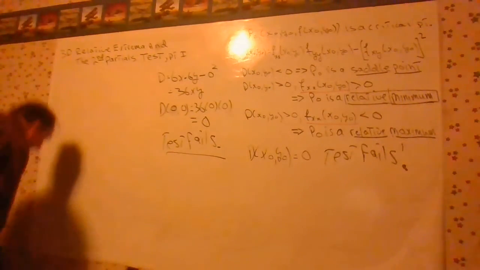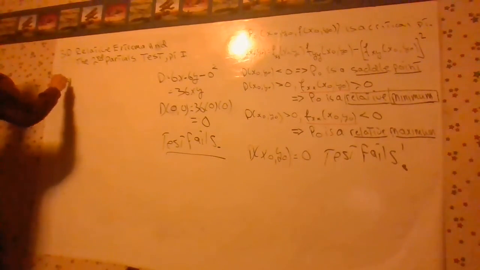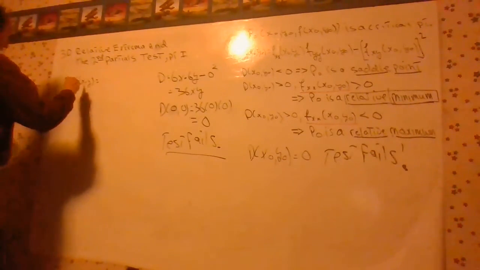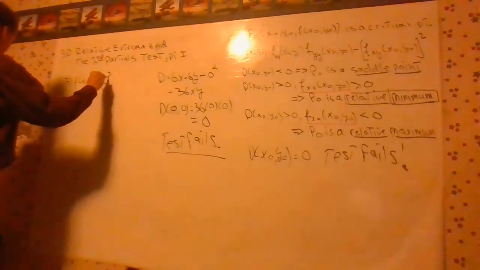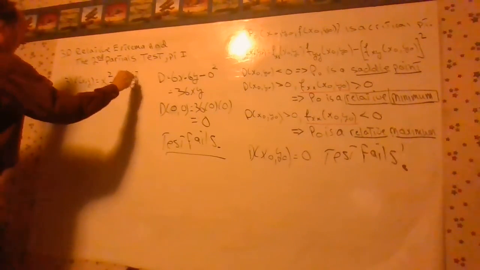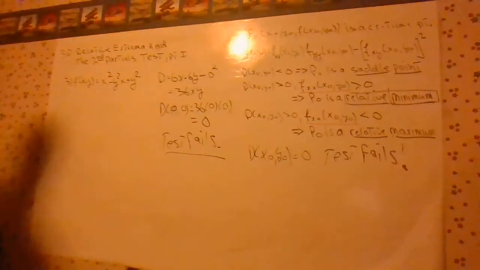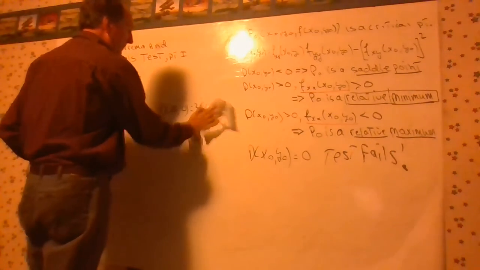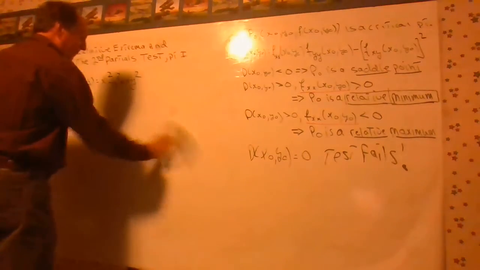Okay, number 3. f of x y is x squared minus y squared x plus y squared. These nonlinear systems can get quite interesting.